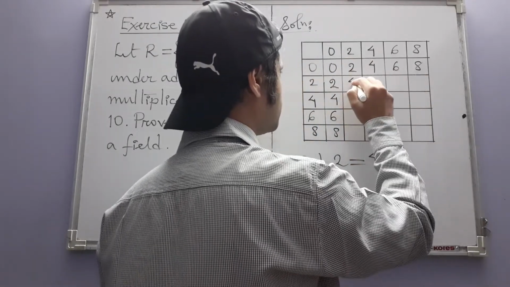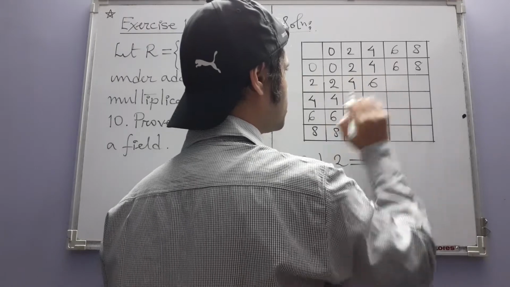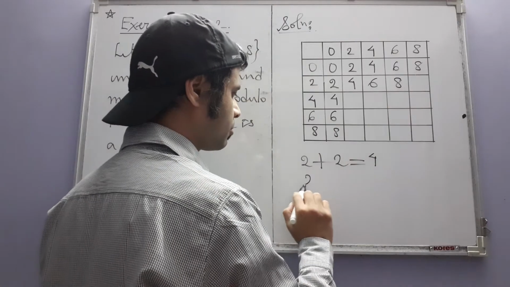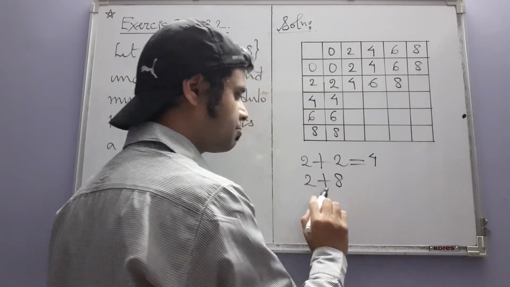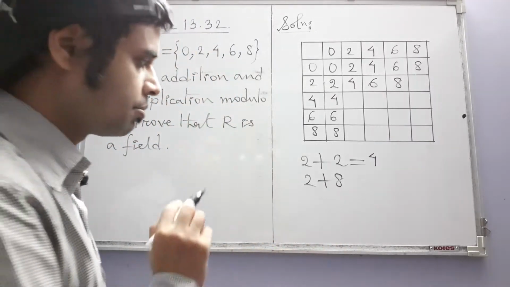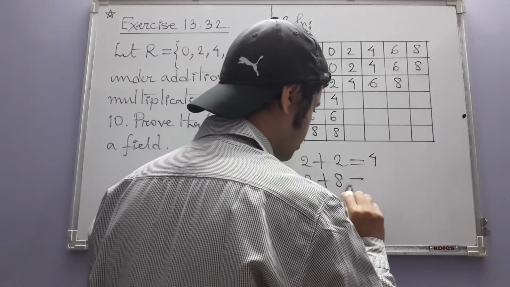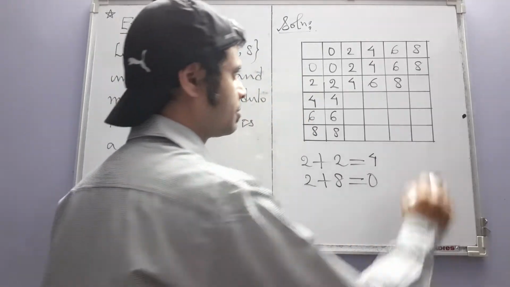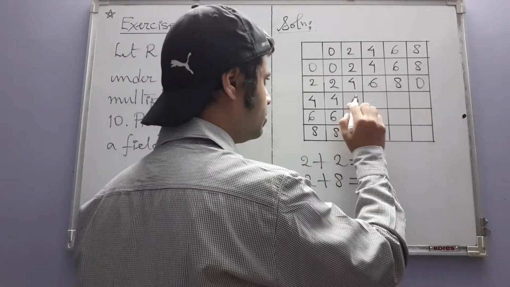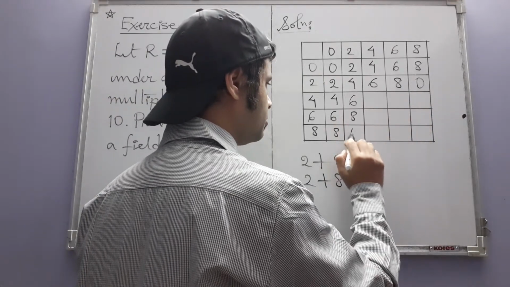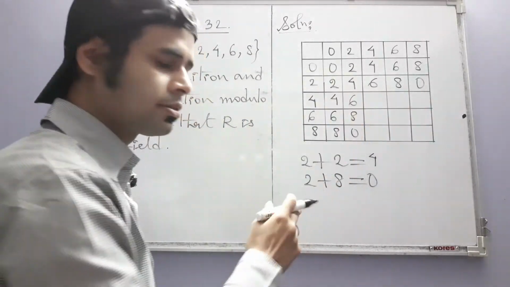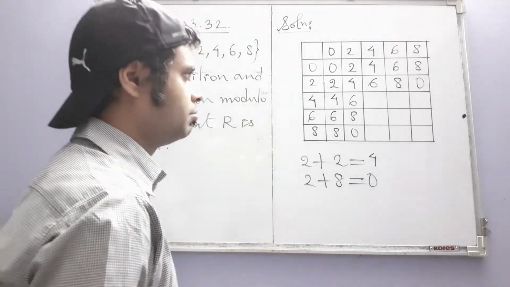So 2 plus 2 is 4, 2 plus 4 is 6, 2 plus 6 is 8, but in this one 2 plus 8, had this been ordinary addition, you would have had 10 itself. But because we are dealing with addition modulo 10, this is 0. So we have 6, 8, 0, so here also we have 6, 8, 0. The lower triangular part corresponding to these cells is automatically determined.